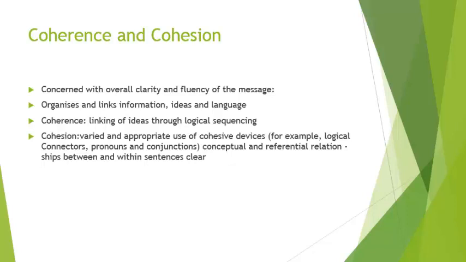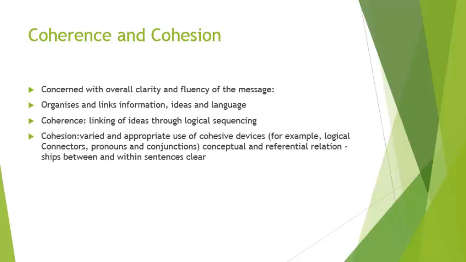For example, logical connectors such as however, moreover, in addition, in conclusion. Pronouns such as this, these, it, his. And conjunctions such as and, but, because. We use these cohesive devices to assist in making the ideas and the referential relationships between sentences and within sentences clear to the reader.